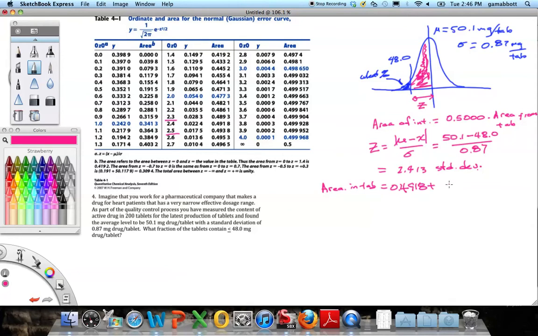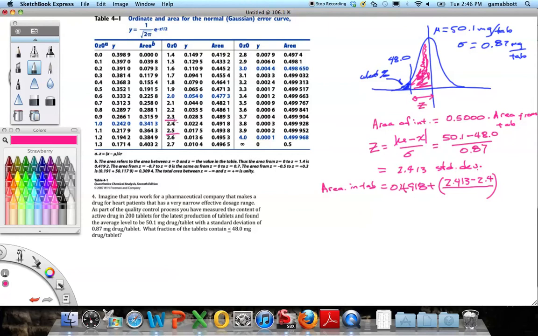And it's going to be a fraction of this interval in areas. What is the fraction? It'll be the same fraction as represented by the actual value of z that we want and this interval. In other words, it's the difference between 2.413 and the lower table value of 2.4, divided by the interval in the table.